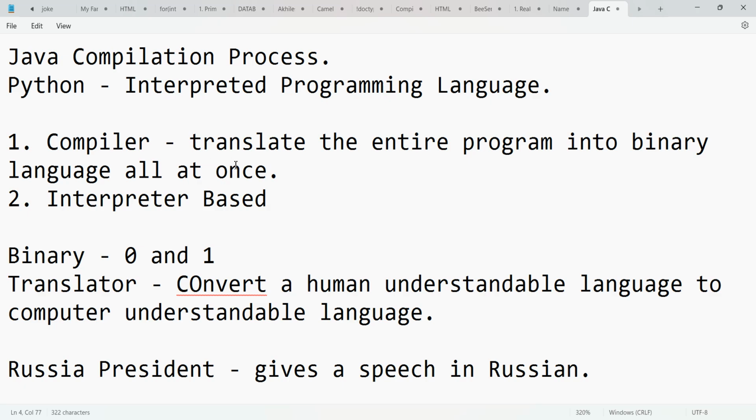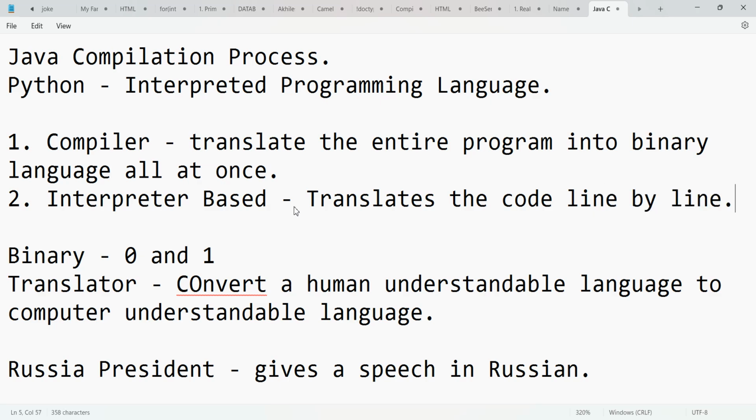Okay. In interpreter based, what happens? This is a live translation. As soon as you write one line of code, it gets converted. Let me come to that point. Just now, I'm just telling you the difference between compiler and interpreter. It translates the code line by line.